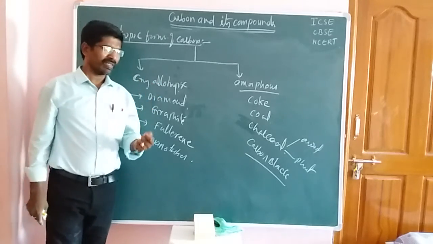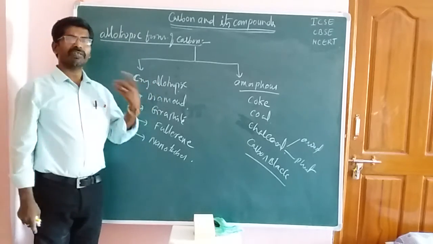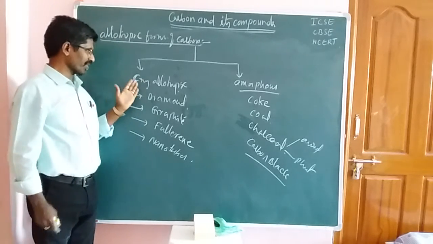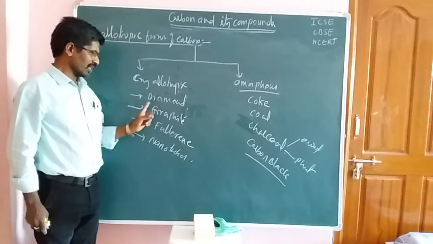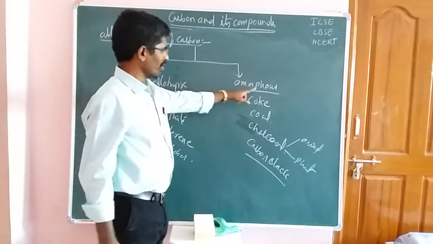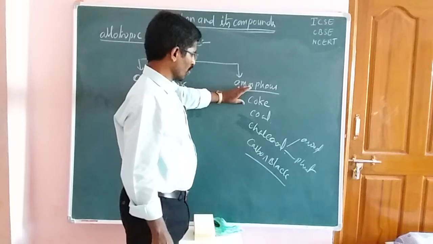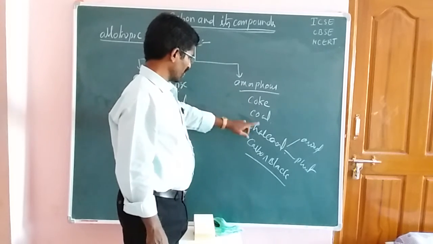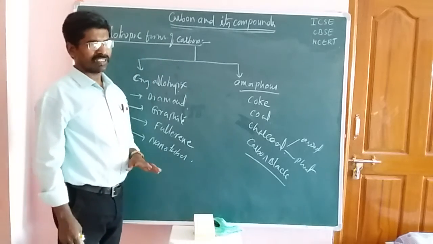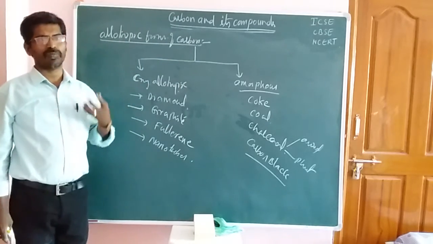Crystalline means salt nature. Amorphous means powder-like nature. In crystalline form: diamond, graphite, fullerene, and nanotubes. In amorphous form: coke, coal, charcoal, animal charcoal, plant charcoal, and carbon black. So these are the two types of allotropic forms.